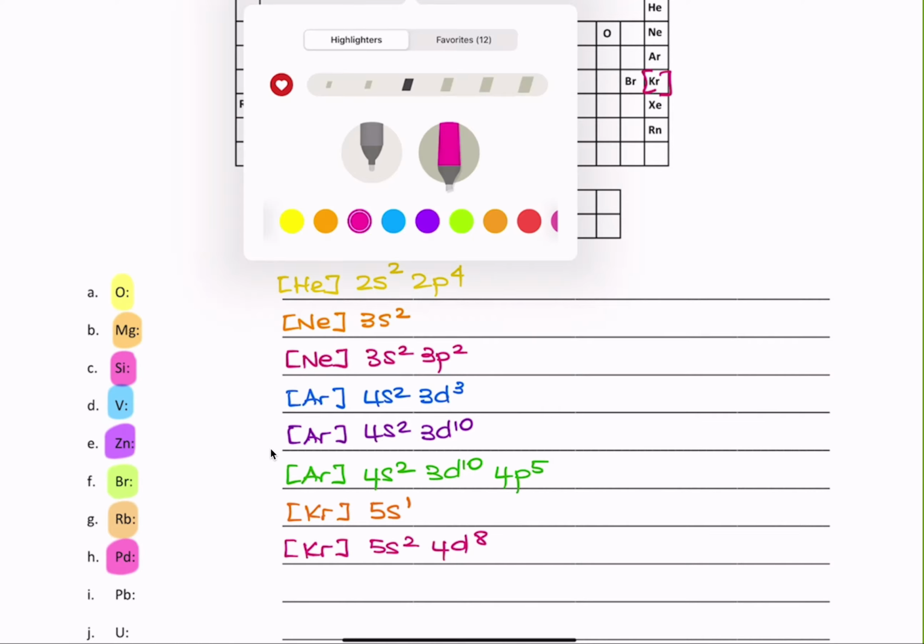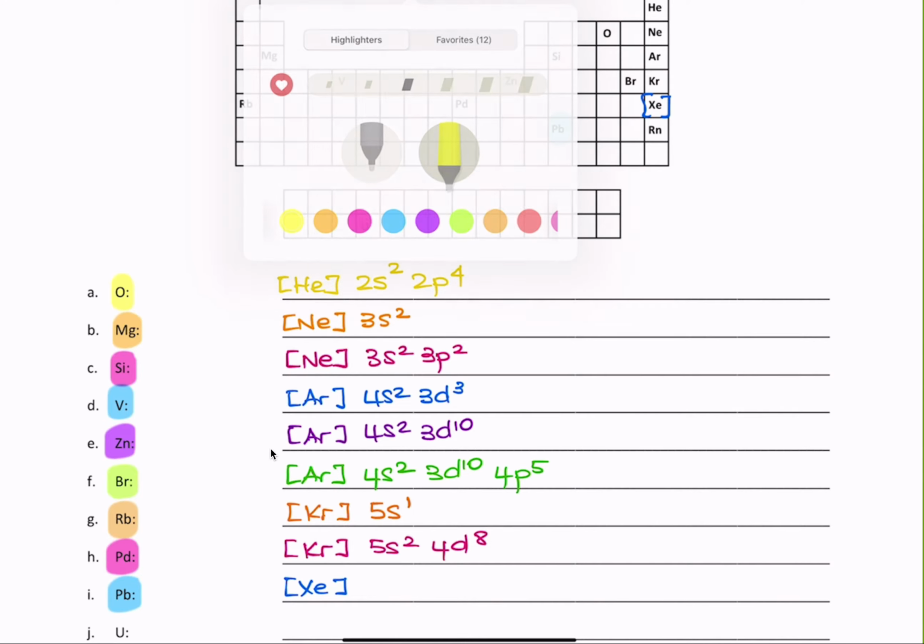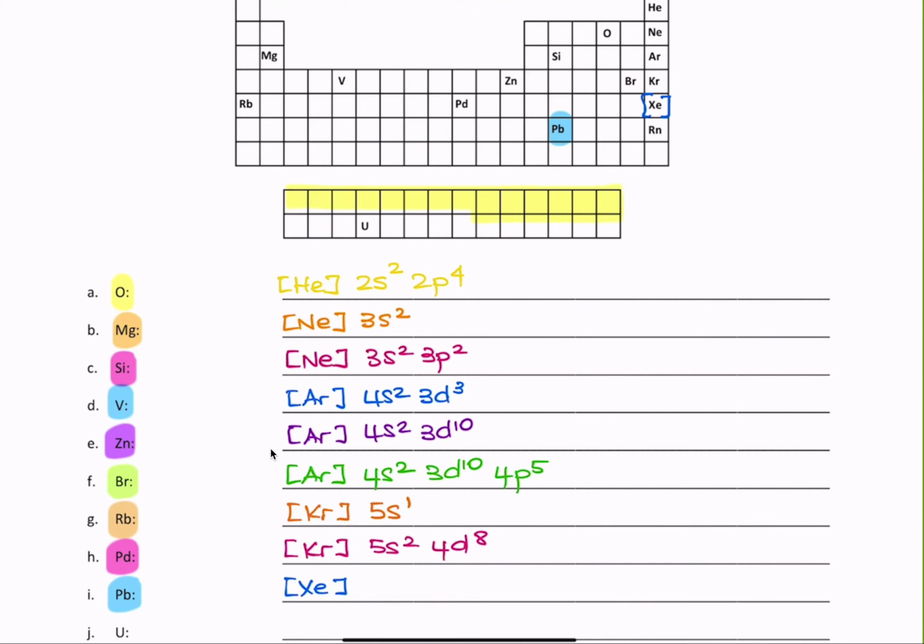Let's do lead. To do lead, the line before, it's xenon. But here, remember that this block, the F block, is here. Okay?